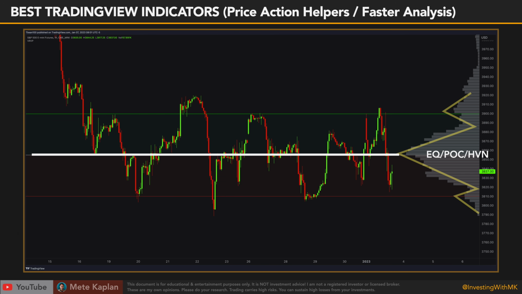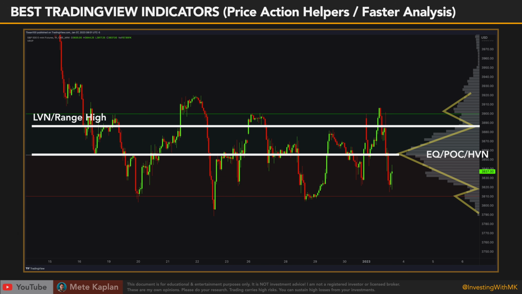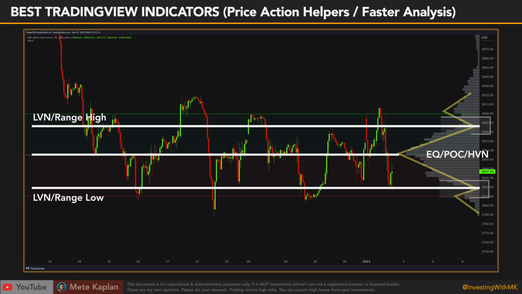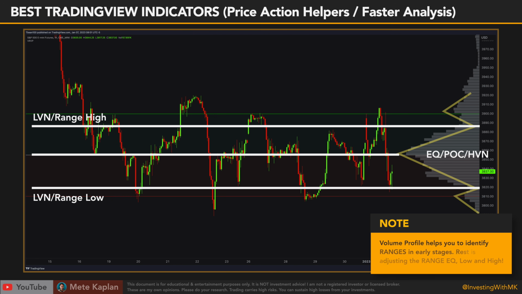The small volume pockets on the top and the bottom are called LVN, basically low volume nodes, used for range high and low identification. So basically, volume profile will give you the power of identifying ranges in the early stages.